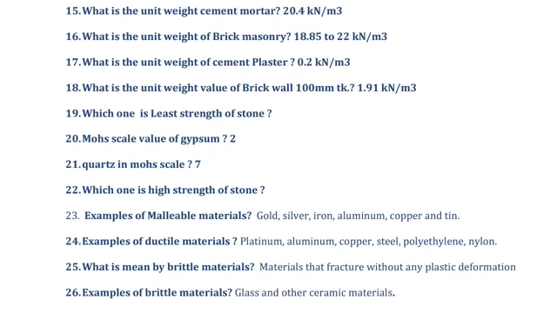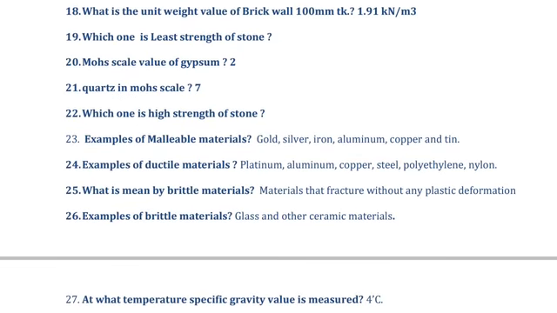And the 19th one, which one is the least strength of stone? The answer is talc, and its hardness value is 1, and it also has the least strength. And 21, what is the Mohs scale value of gypsum? That is 2. Please remember, the Mohs scale value of gypsum is 2, and also the hardness value of gypsum is 2.